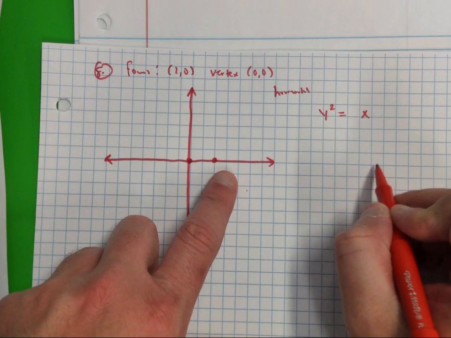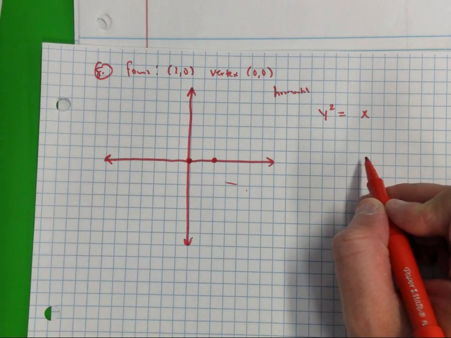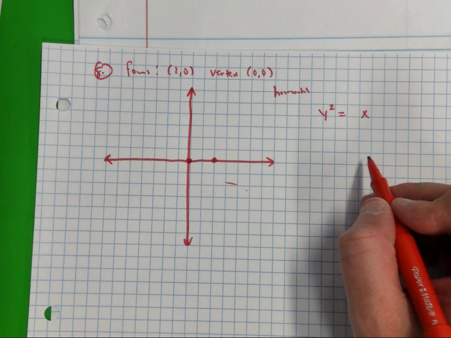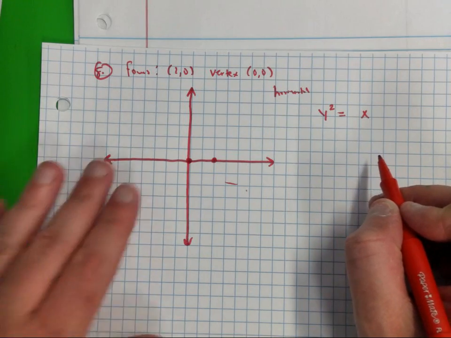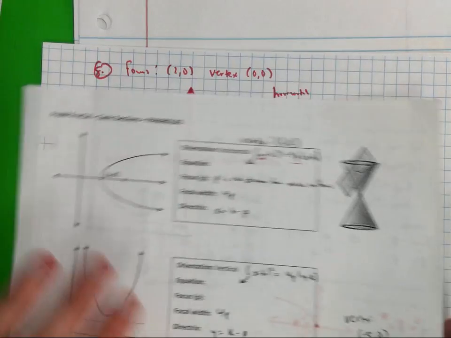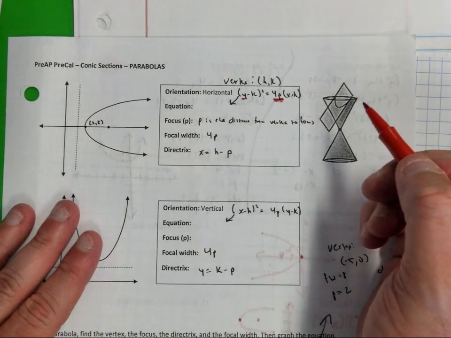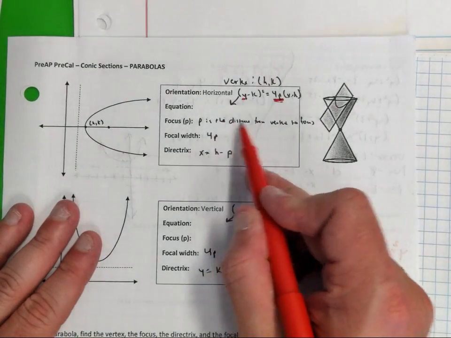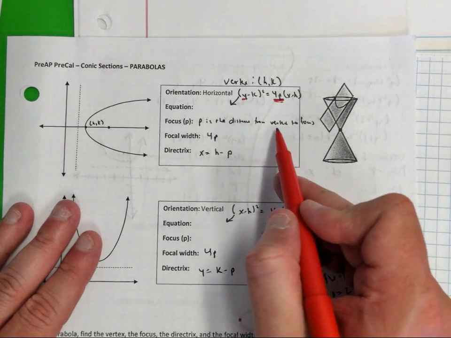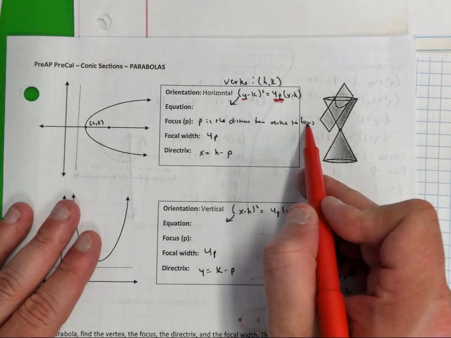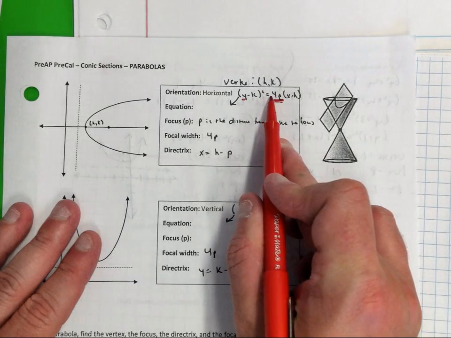Remember, let me see how I'm going to explain this to you. In the equation, back to this front, this is 4p. And remember, p is the distance from your vertex to your focus. So if you know your p value, you just times it by 4, you reverse it.